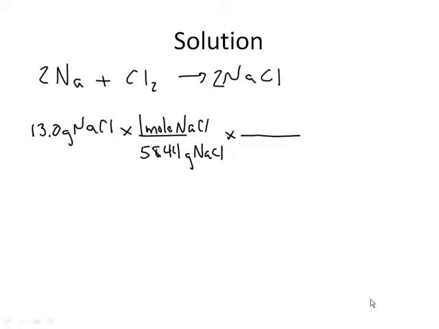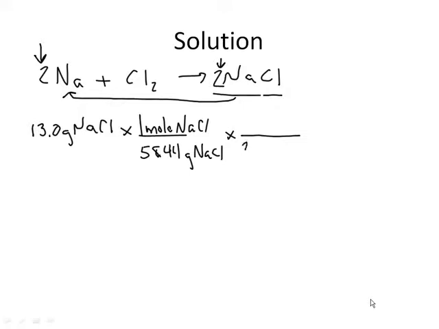Step 3 was convert from moles of one thing in the reaction to moles of another thing in the reaction. In fact, I want to go to the moles of the thing that it's going to ask me for. And in our question, I was given moles of sodium chloride, and I was asked about sodium. So that means I need the coefficient ratio given in the reaction between sodium and sodium chloride. And we can see here that there's a coefficient of 2 in front of the sodium and a coefficient of 2 in front of the sodium chloride.